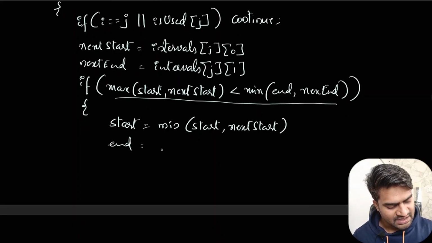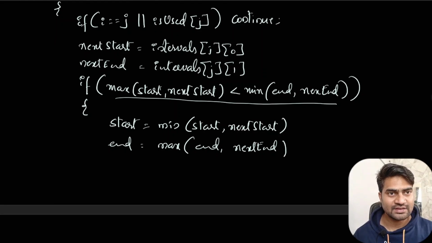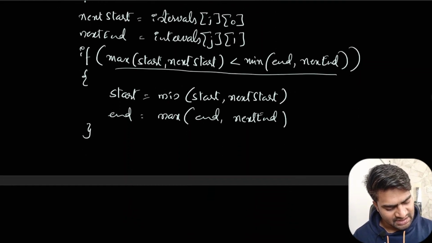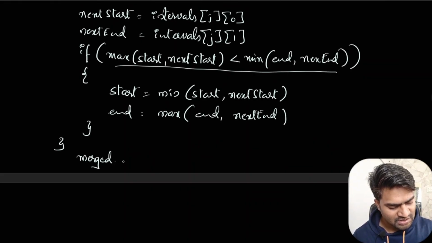Then my end will be max of end comma next end. This way I will update. Then at the end of the second for loop, I will say merged dot push or add, basically.